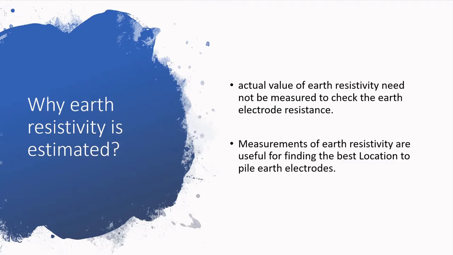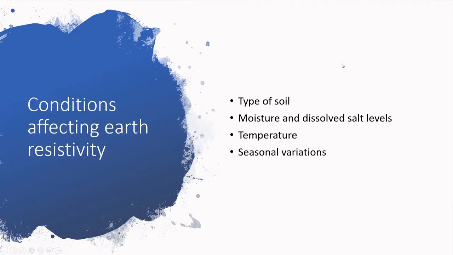So you know, in Sri Lanka we use the TT system. So in the TT system, we need to know the earth loop impedance to calculate the maximum earth fault current. So if we have a very low loop impedance, that is a very good thing for TT systems.